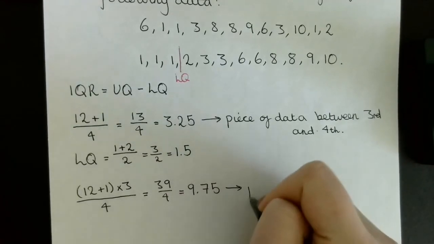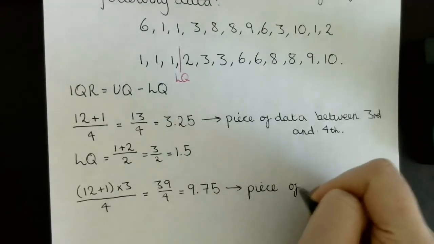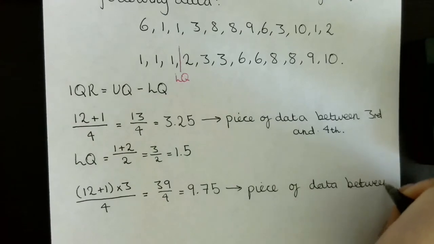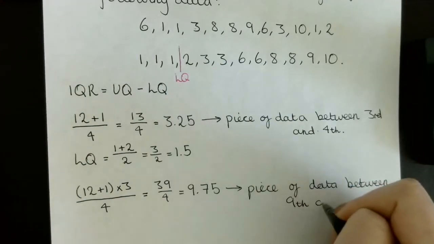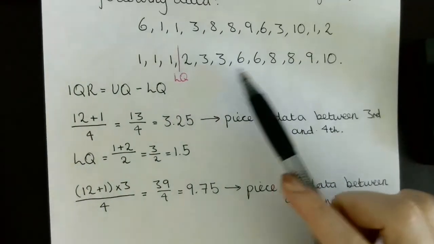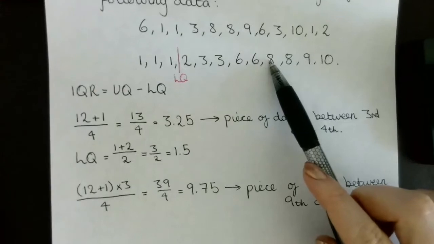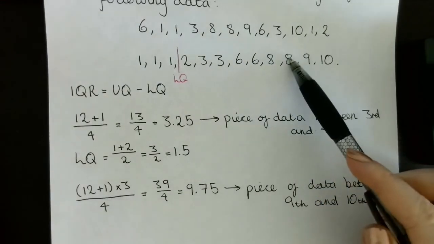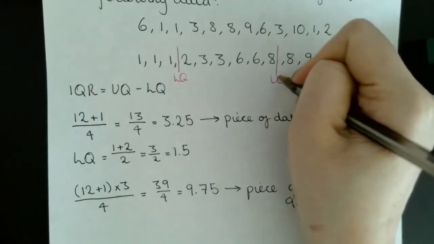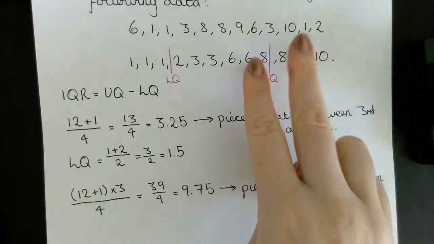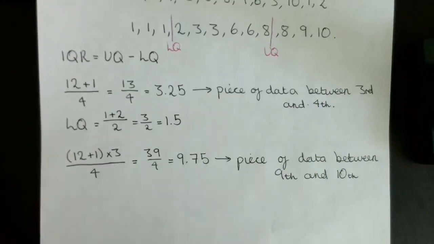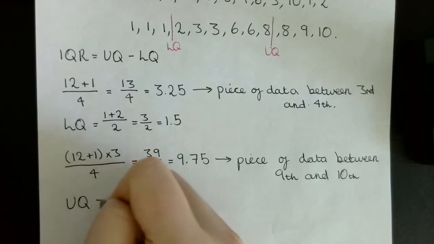So I'm looking for the piece of data between the 9th and the 10th piece of data. So my 9th piece of data is here, and my 10th piece of data is there. So I'm looking for the piece of data directly in between those two. Now they are both exactly the same, so my upper quartile is 8.